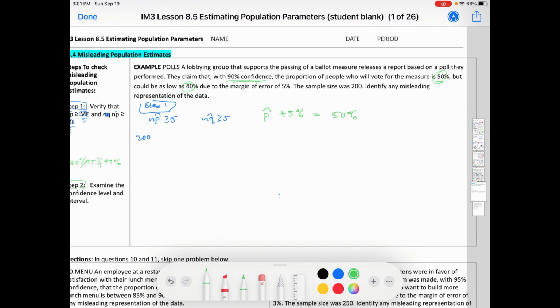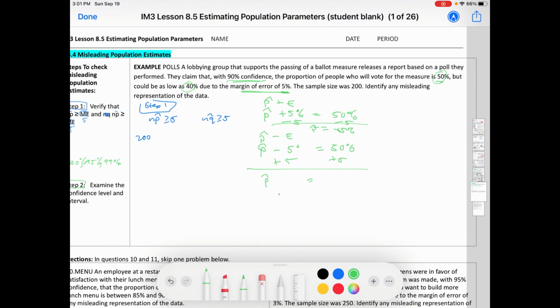Because if you do p hat minus the margin of error of 5%, that's the margin of error, E, think of it as E. So if we subtract 5%, we should get 45%. We should get a range of 45 to 55.